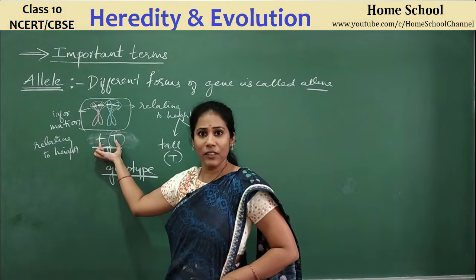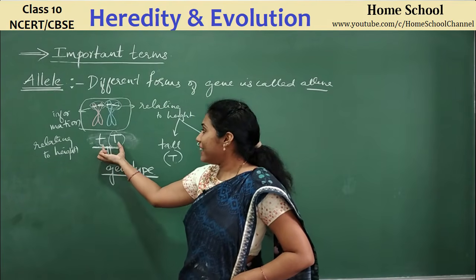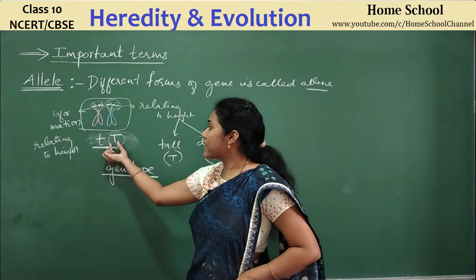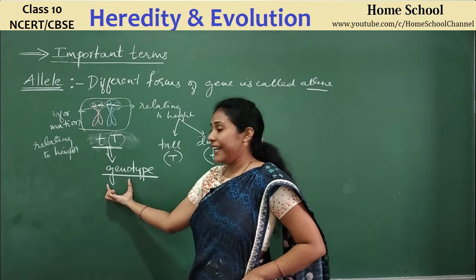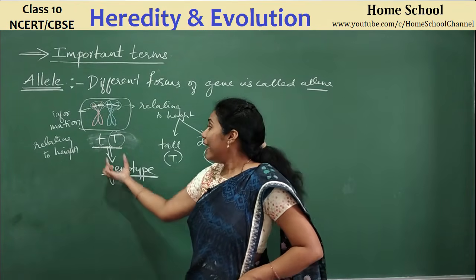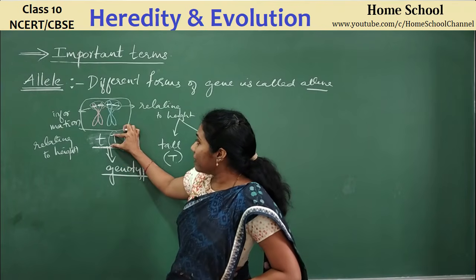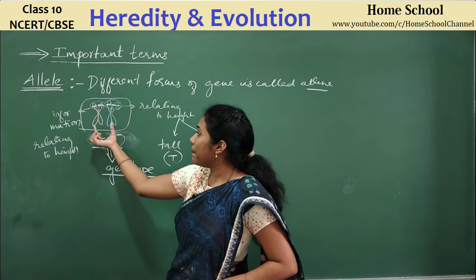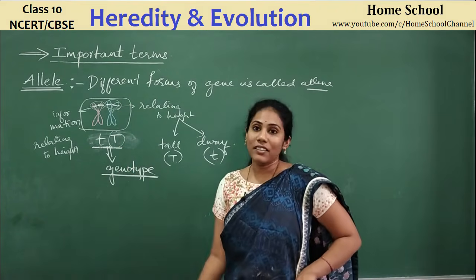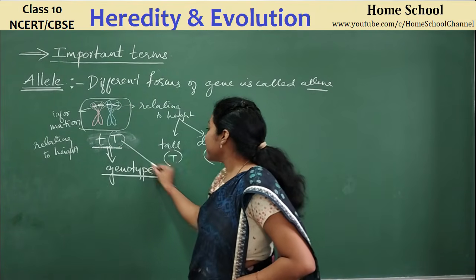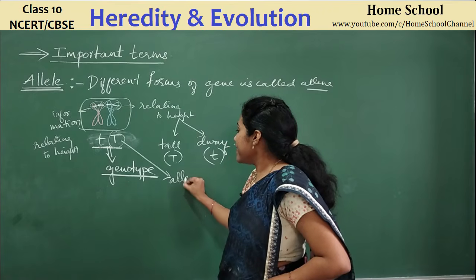To decide about the tallness of a baby, both genes are necessary. By looking at the combination of two genes, one from a father, one from a mother, you are telling the height of a baby. Here each gene from a pair of chromosomes is called an allele.